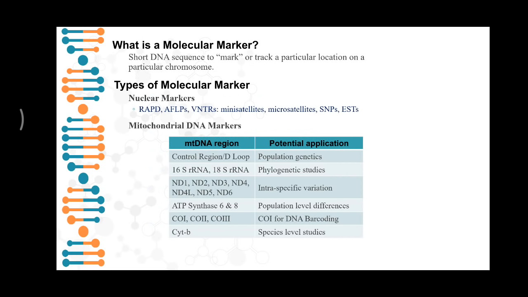What is a molecular marker? A short DNA sequence to mark or track a particular location on a particular chromosome, if we say in simple terms.